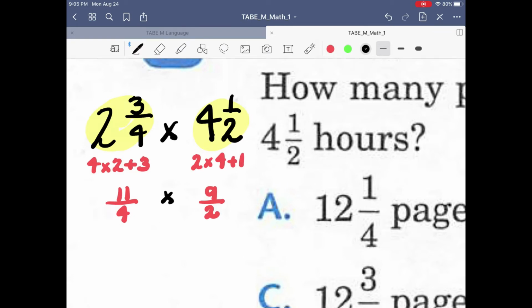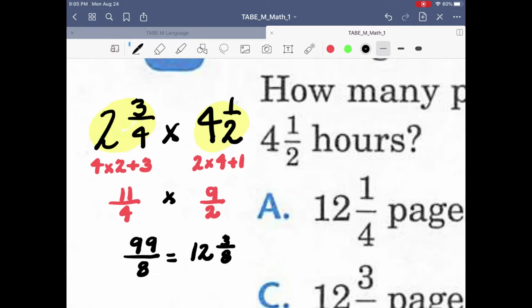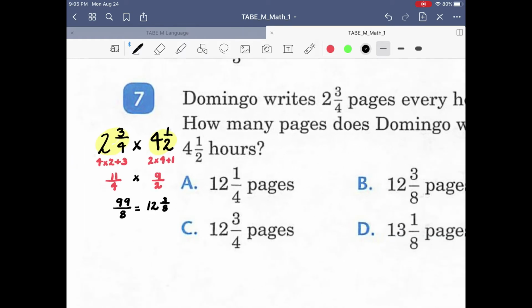So on the top, I'll end up with 99. And on the bottom, we get an 8. 8 into 99 is 12 times. That would be 96. So there's a remainder of 3 and an 8. So the answer to number 7 is B, 12 3/8 pages.